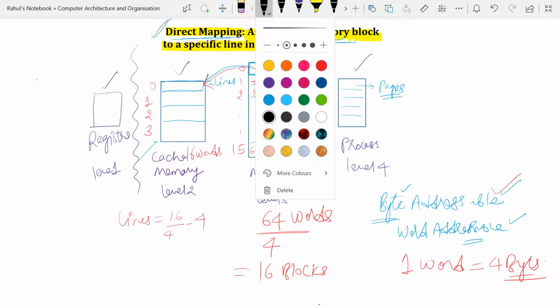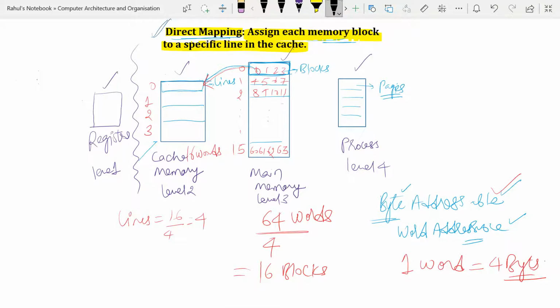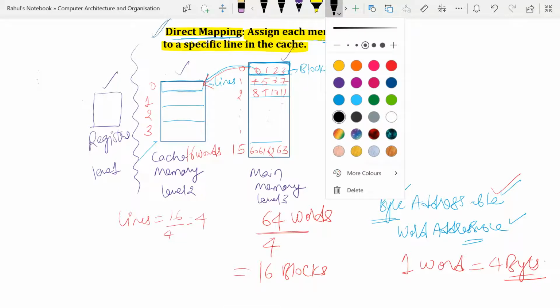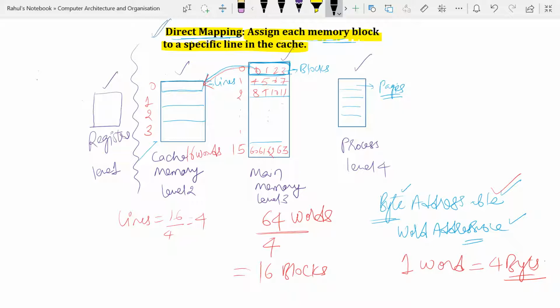Basically they are stored in a round robin manner. These 16 blocks, we have to map to these cache lines. So total 16 blocks are there, and we have to map these 16 blocks to our cache memory.